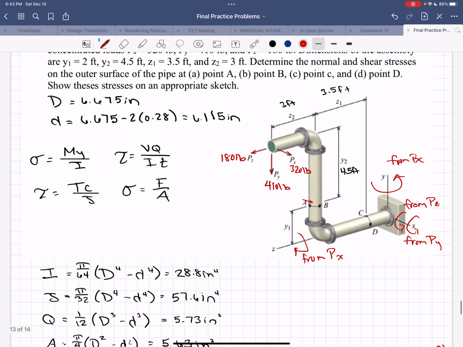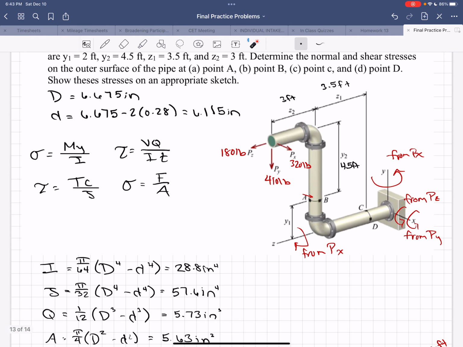So both of these are positive moments. They're both going to bend the pipe, and they're going to bend it like this, putting that in compression.